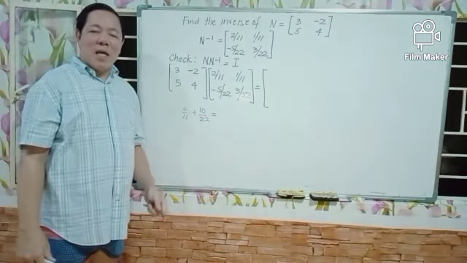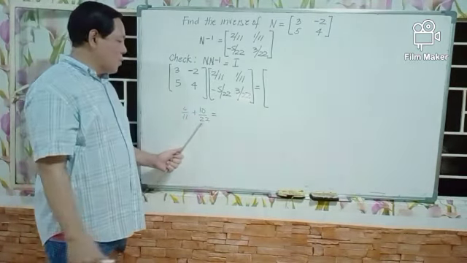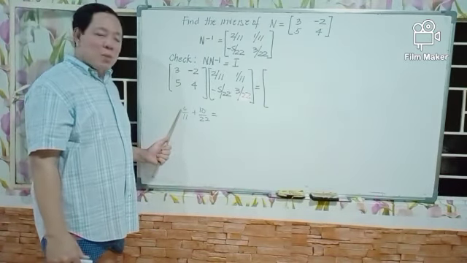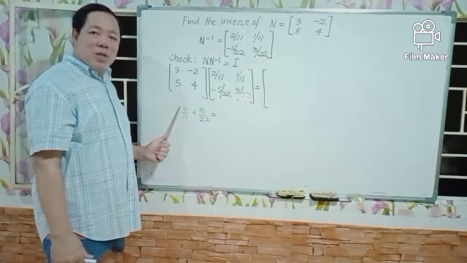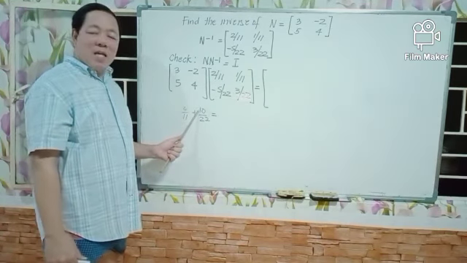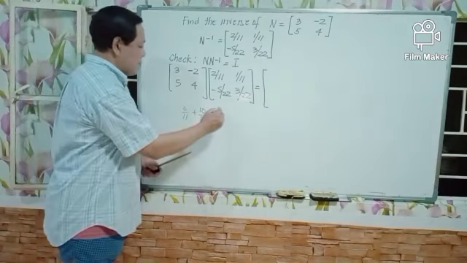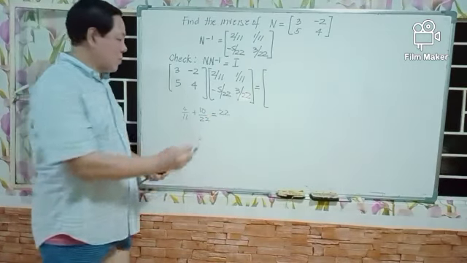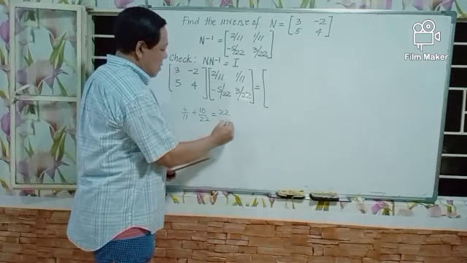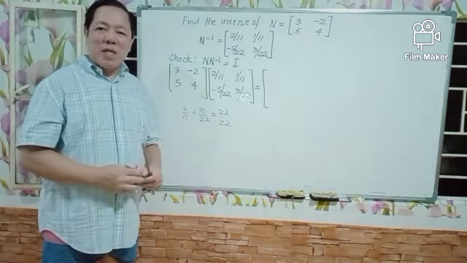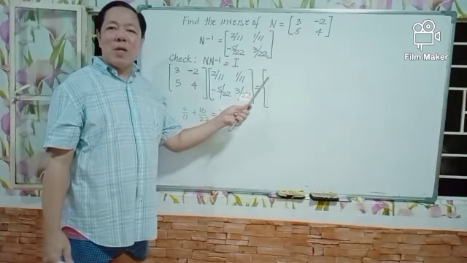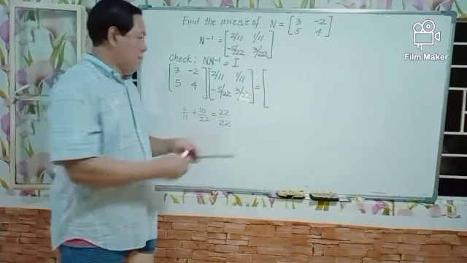And for us to get a common denominator of 22, we multiply 6 by 2 over 2. And 6 multiplied by 2 is 12, plus 10 is 22. And the common denominator is 22. But 22 over 22 is 1. So the first entry here in the first row and first column is 1.